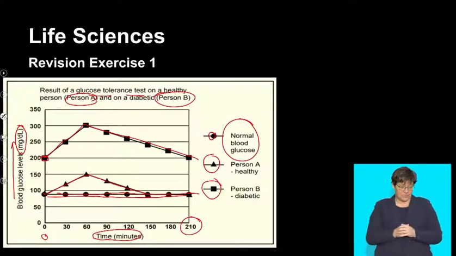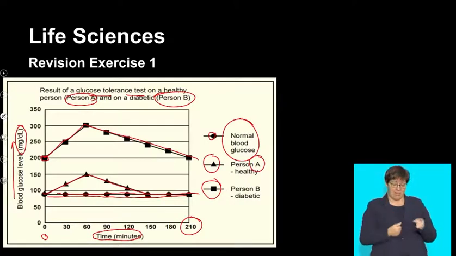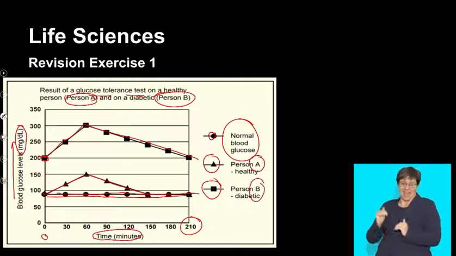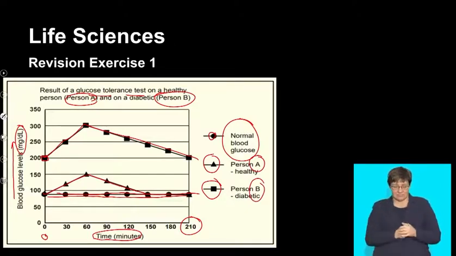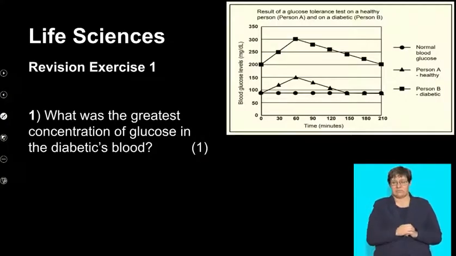Clearly we can see from this graph there is a significant difference in the level of blood glucose between person A, who is healthy, and person B, who is affected by diabetes.